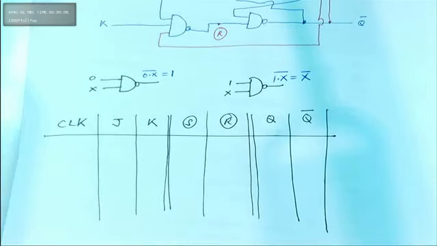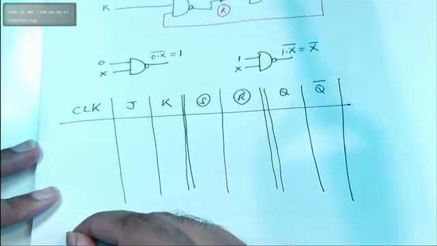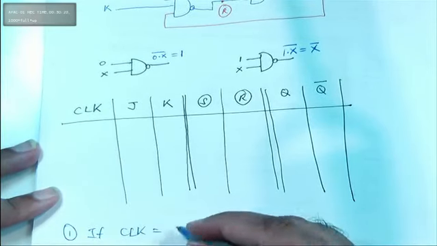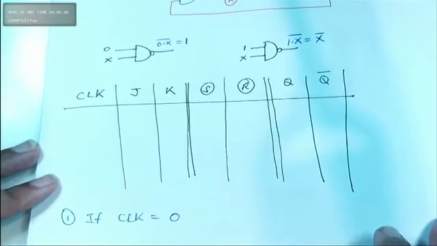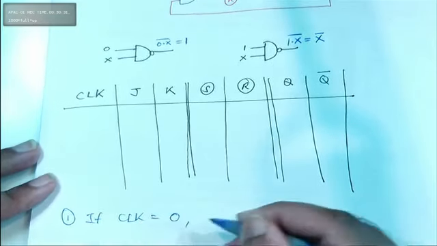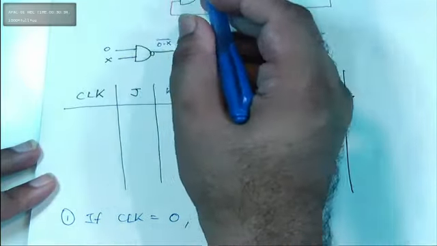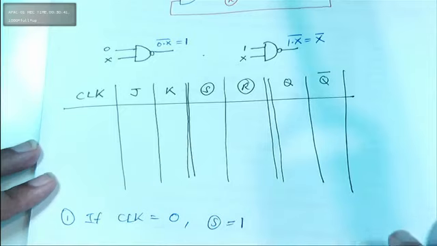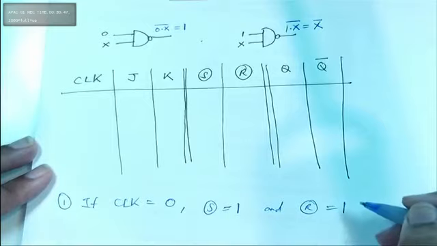Now let's start off with some notes and calculations. Number one, if clock is equal to 0, what can you tell me about S circle and R circle? S circle will equal 1, and R circle will also equal 1.